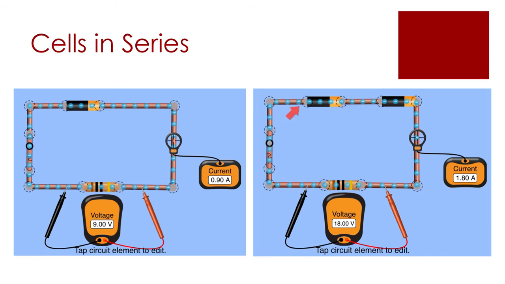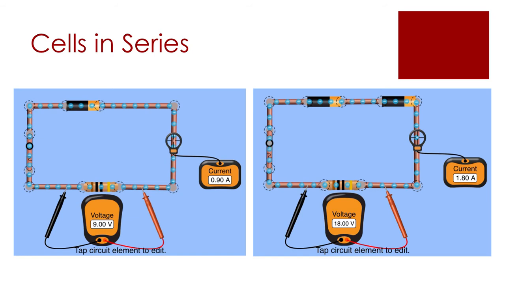So these electrons that are here are going to go through, and they're going to be given 9 volts of energy. Remember, volts are just joules per charge. So they're going to get 9 volts here, and those same electrons are going through the second cell as well. So what happens? They get some more energy. And you can see that my voltage now is 18 volts, twice as much as it used to be.